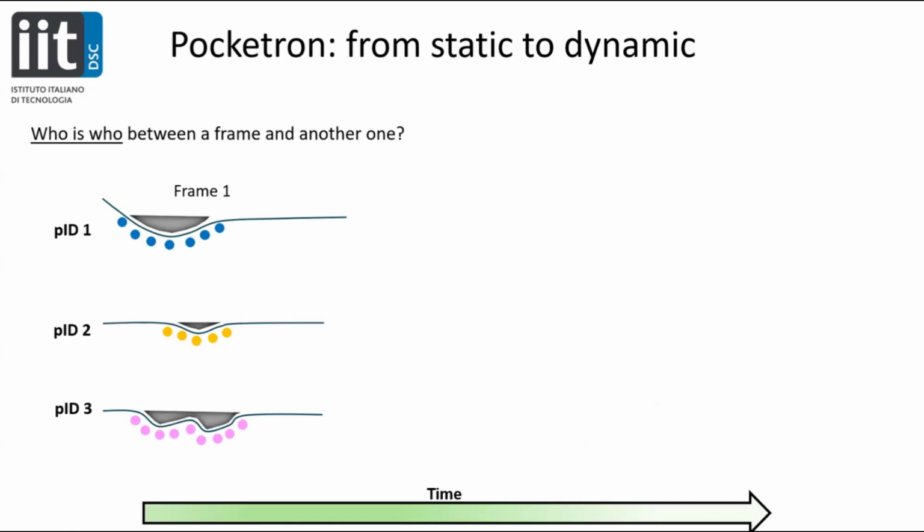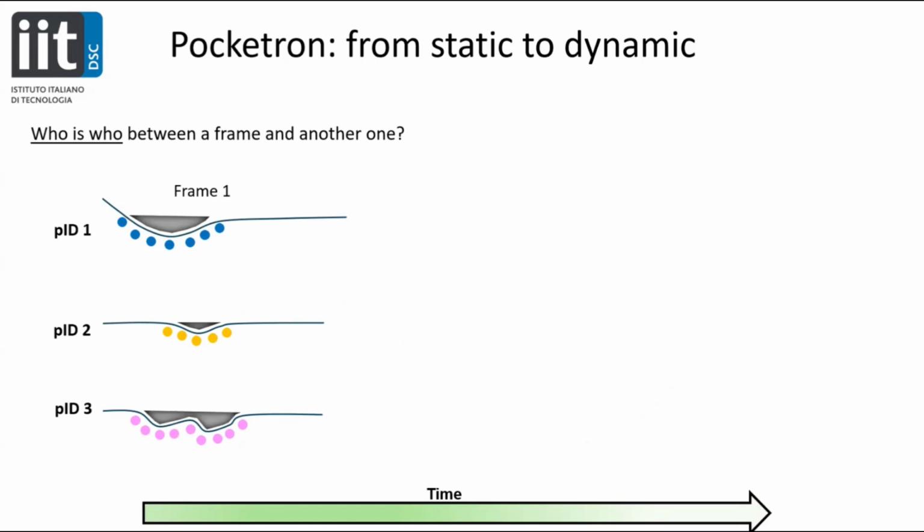So now we have the problem of switching from static to dynamic. How can we move from a static definition of pocket to a dynamic one, such that we can build these dynamical networks? So the basic idea is to cast the problem of pocket tracking into tracking the residues which are around the pocket.